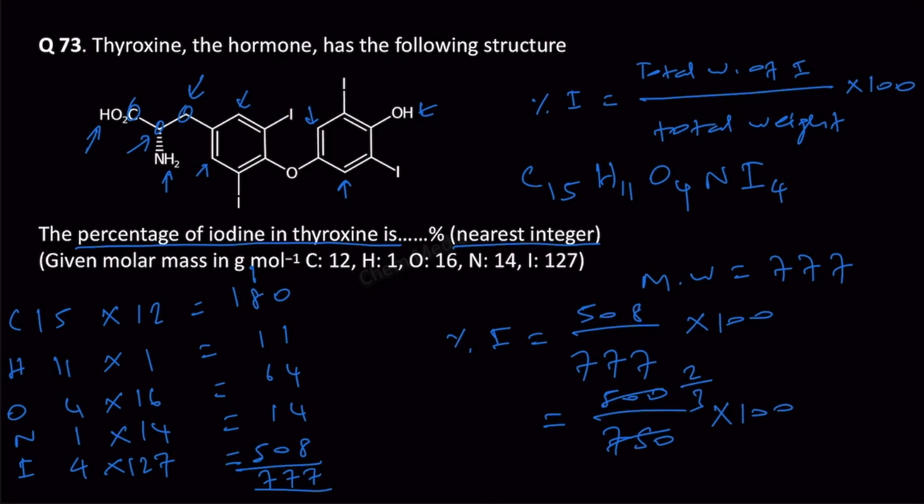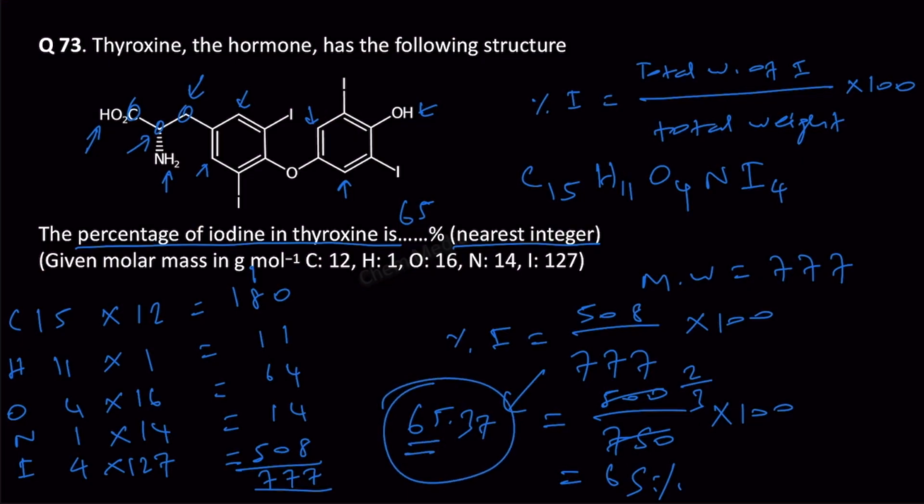Since I have reduced the denominator more, I am taking it as 65. So 65% is the correct answer. If you calculate the exact value, you will get somewhere around 65.37. So 65 is the nearest integer. Therefore 65% is the correct answer for this.